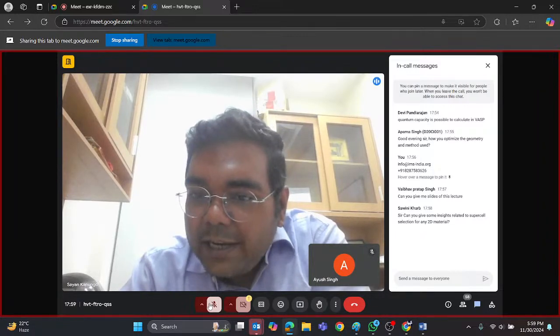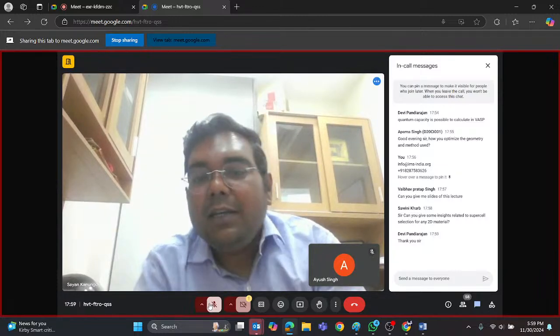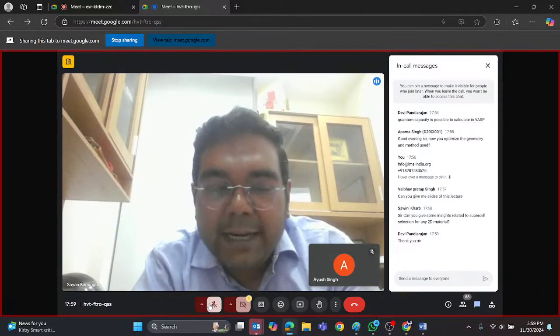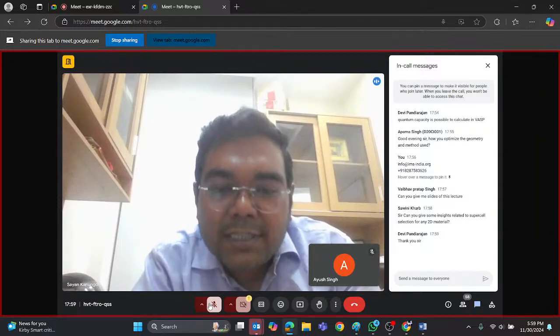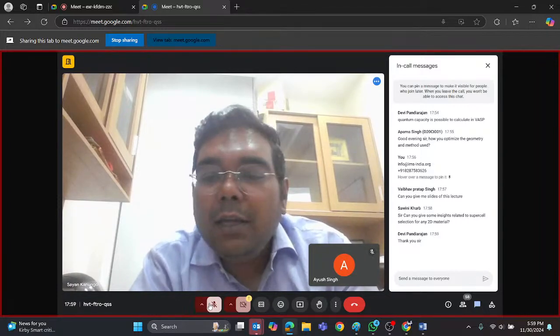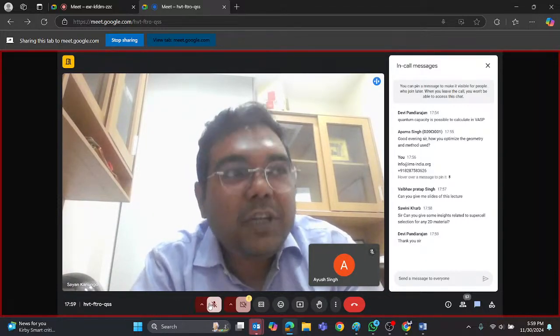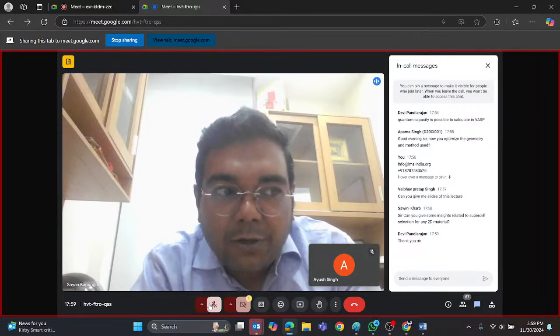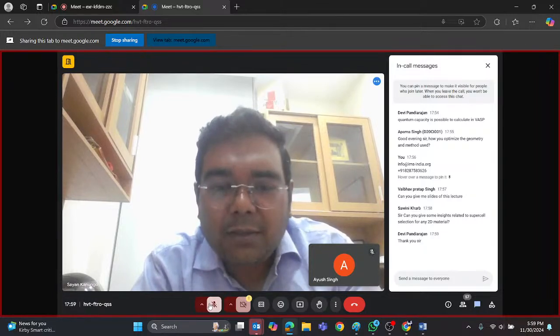Can you give some insight related to the supercell selection for any 2D material? See, the supercell selection basically depends on the application area and the specific investigation that you are performing. Just to give you some perspective, in an experimental scenario, the doping concentration is very small.